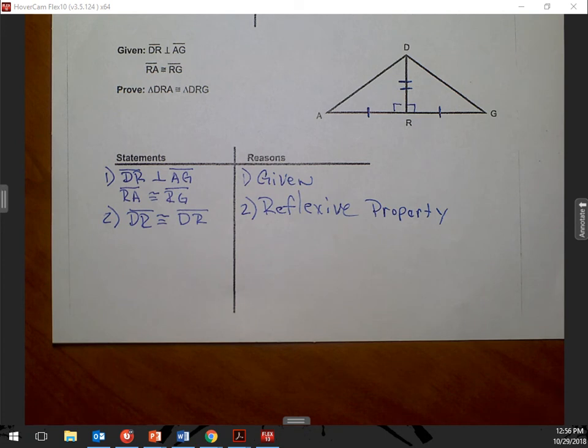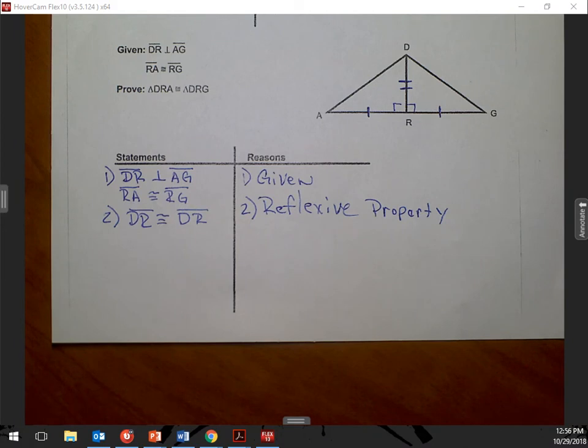Now, do I have 3 parts of each triangle? Yeah. Can I say that these 2 triangles are going to be congruent? Yeah. How? Okay, are these 2 triangles congruent? You say yes, but I need you to tell me why.